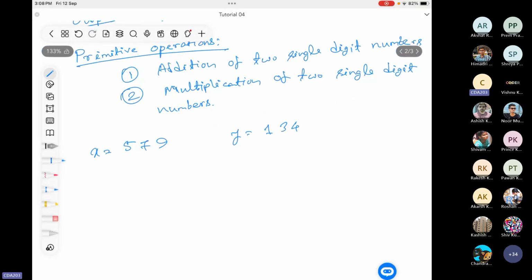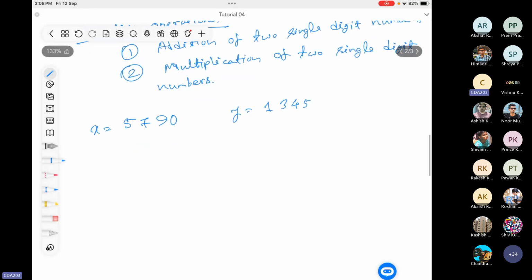Okay, it would be better if I take 4 digits, with a 0 here and 5 in here. So let's say we want to multiply these 4-digit numbers. So what is our school level algorithm? We write the two numbers one after another.